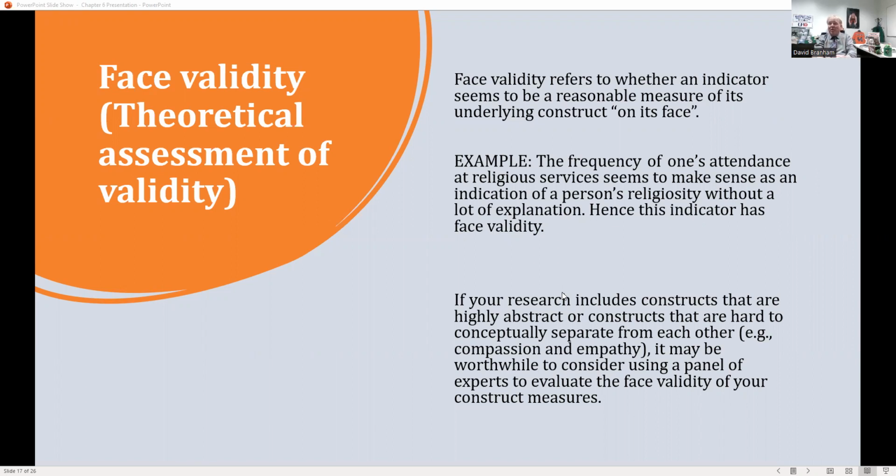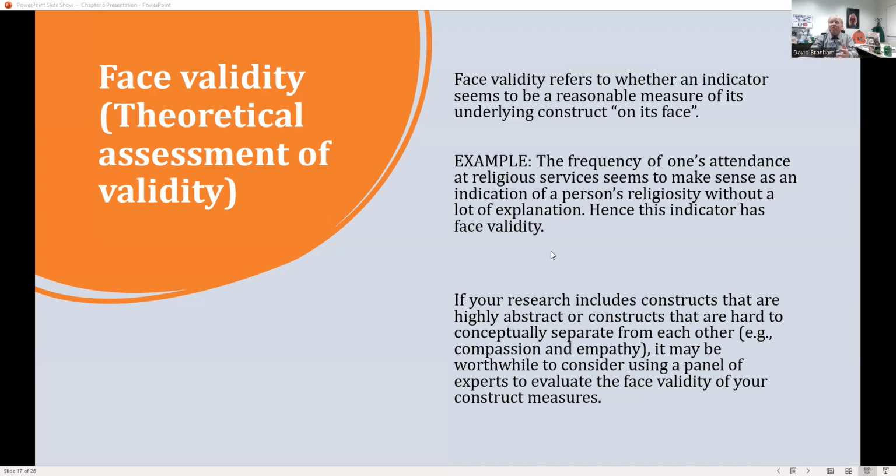So if a person is religious, they tend to go to a lot of religious services. So you can count up the times they go to a religious service, and that would be a pretty good measure of their religiosity. It has face validity. I can see that. It seems like it makes sense.